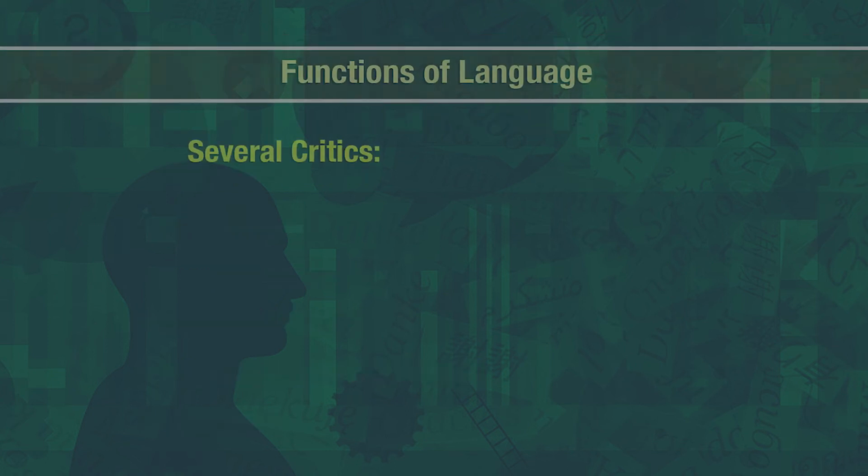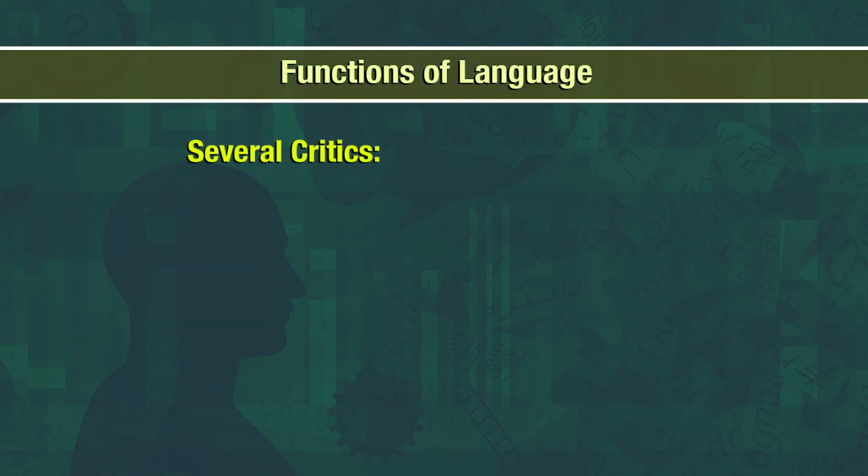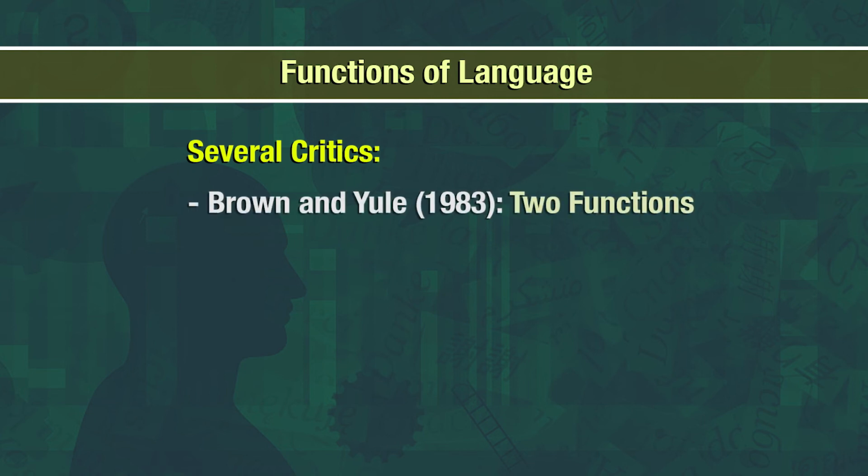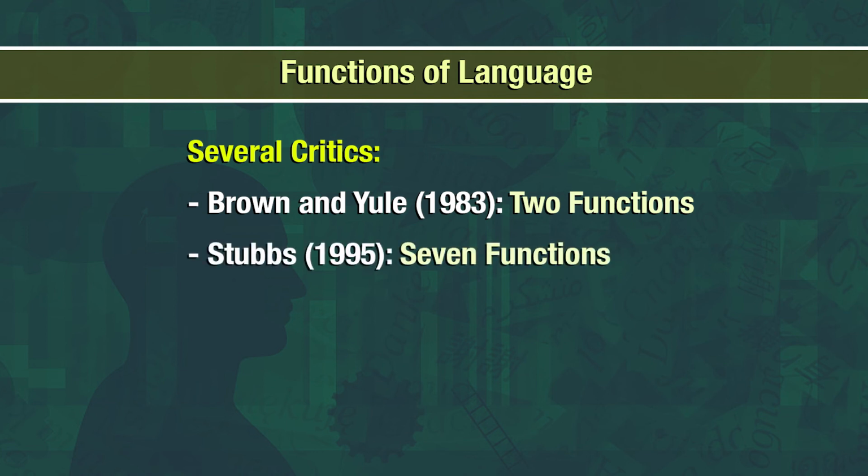There have been several critics who have researched and analyzed language to understand the various functions that languages serve. Brown and Yule identified 2 functions of language, and Stubbs identified 7 functions of language.